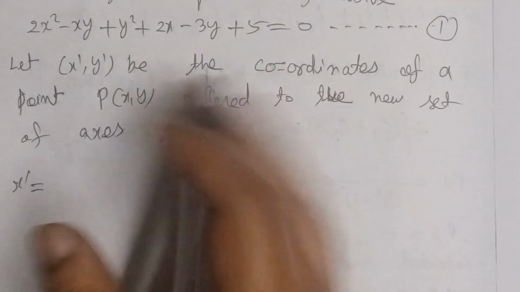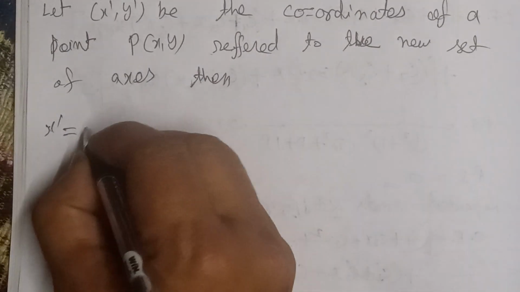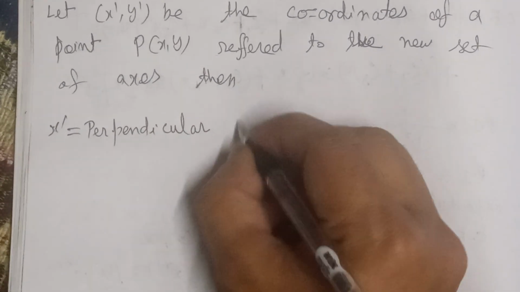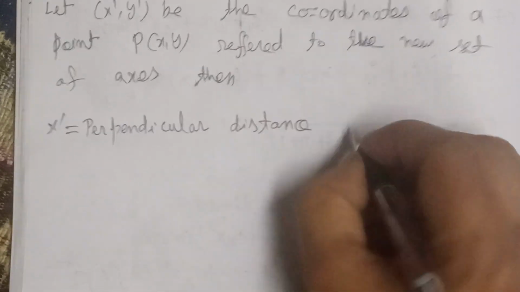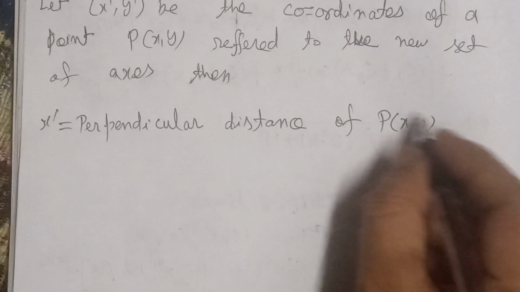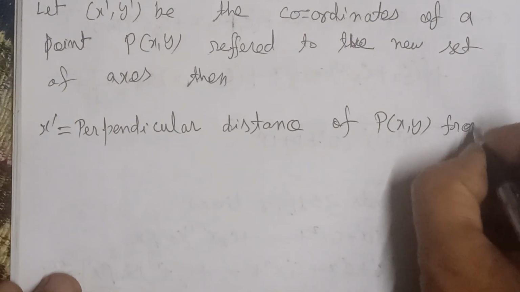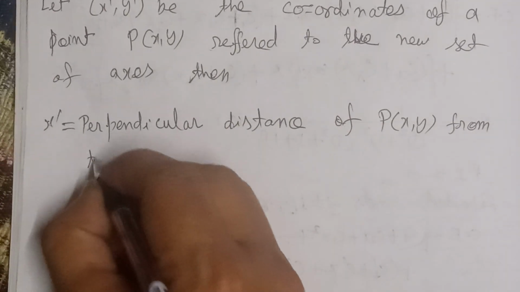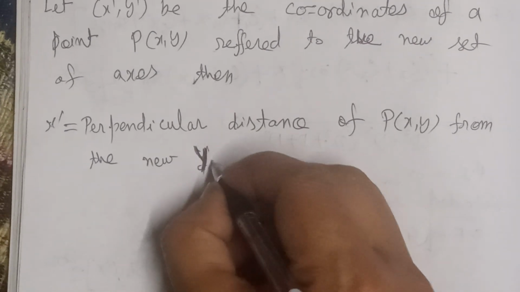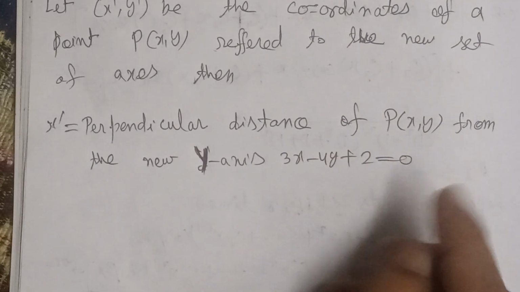So x dash, as I saw in figure, is perpendicular distance of P(x, y) in old coordinate system from the new capital Y axis, that is 3x minus 4y plus 2 is equal to 0.